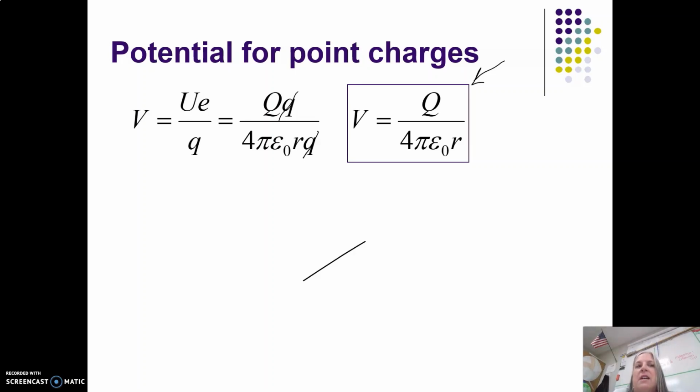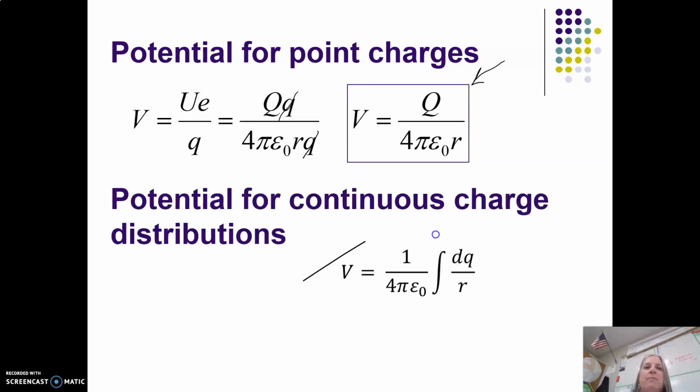It is the potential for energy some distance away from a point charge. For continuous charge distributions, we're going to do an integral of the charge, so we're going to have to add up all the charges at some distance r. We'll talk more about calculating electric potential in class.